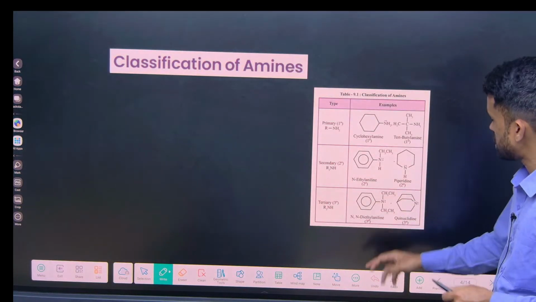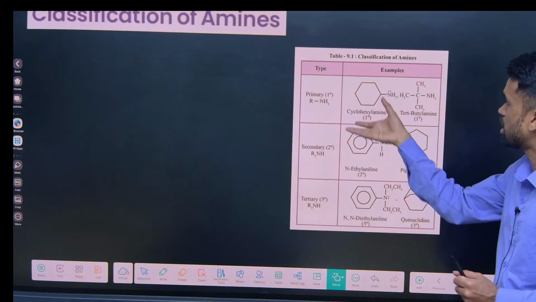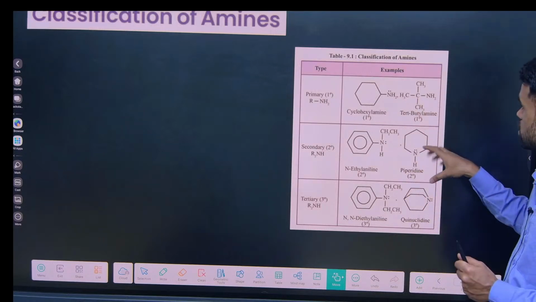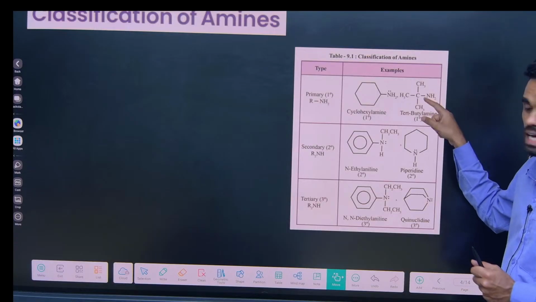So classification is done. For your understanding, these are bookish examples, whatever is mentioned in the book I have considered here. Cyclohexyl amine is a primary amine, and tertiary butyl amine is also a primary amine.